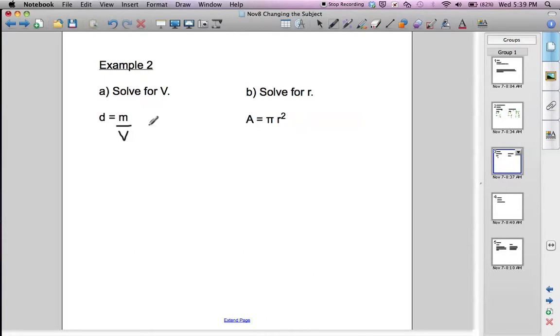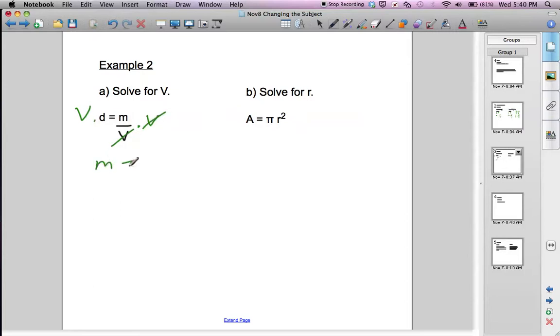In this example, this is also from science. Density equals mass divided by volume. In this case, we're going to be solving for V. First of all, V is in the denominator here. This is a fraction. If we want to get rid of fractions, we multiply by whatever's in the denominator. So let's multiply both sides of the equation by V. Those V's will cancel.